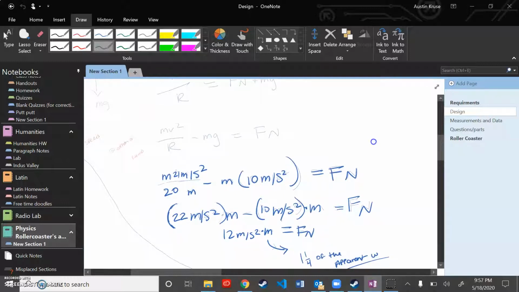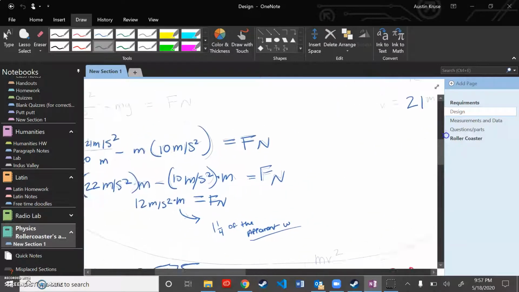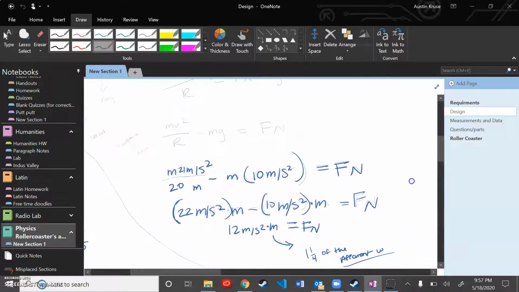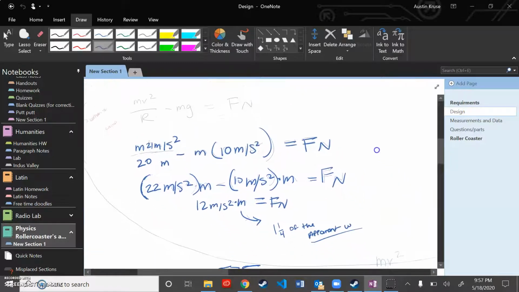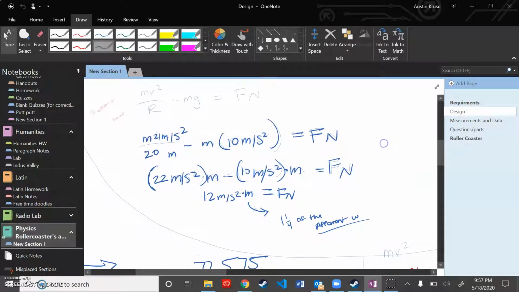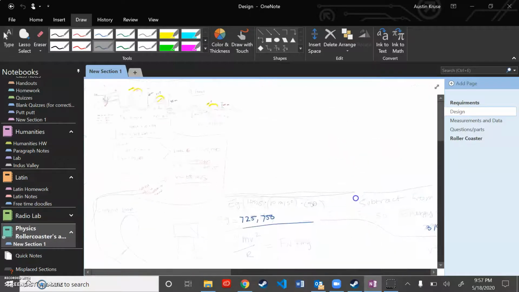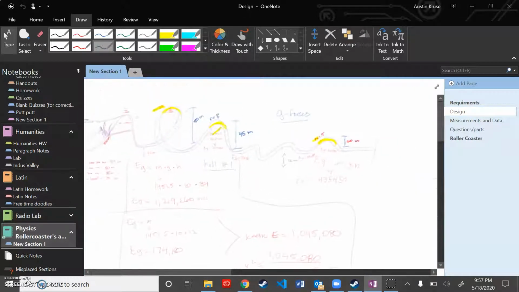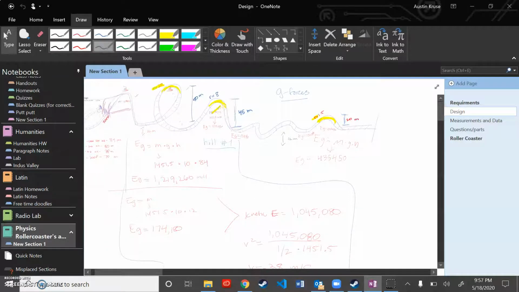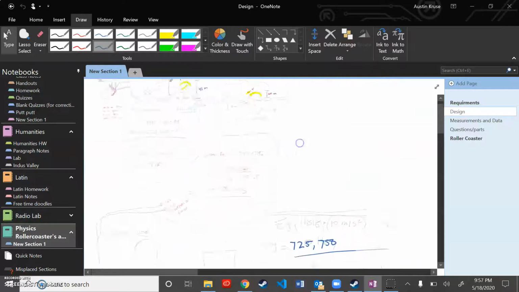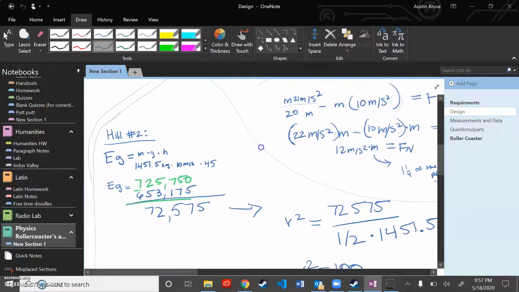Then we used our velocity over here to figure out the net force and the apparent weight. And then we got hill number 2. Hill number 2 all the way over here.